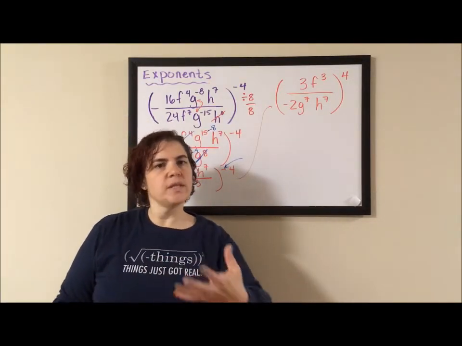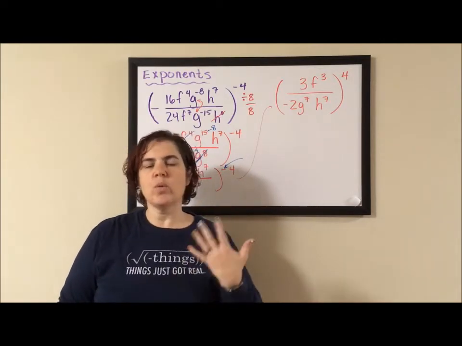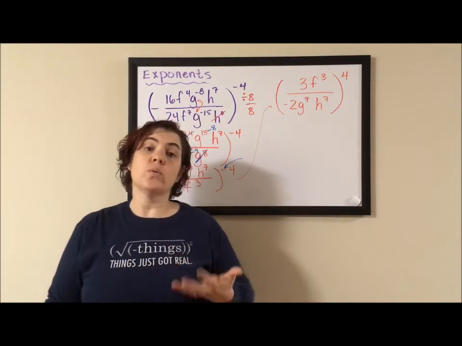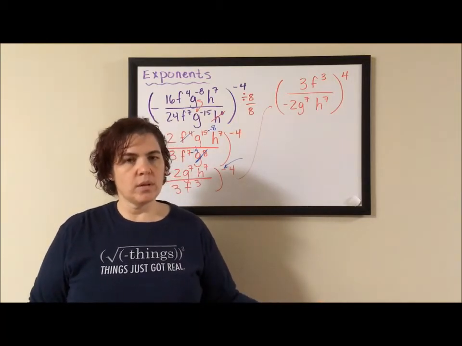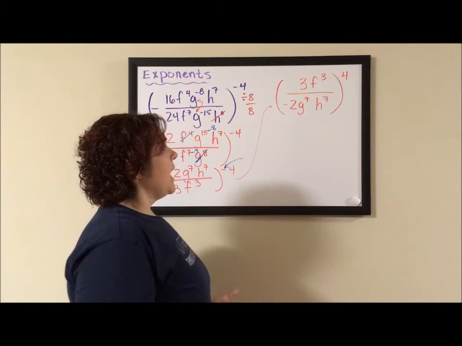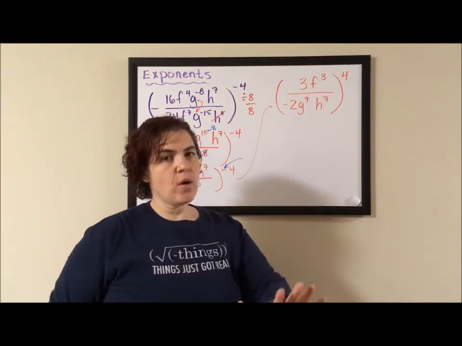Once we've dealt with the negative part of the exponent, shifted it, found the reciprocal, we don't write it anymore. It's done its duty to our math problem. Let it go. Now we need to take all 5 bases to the power of 4.